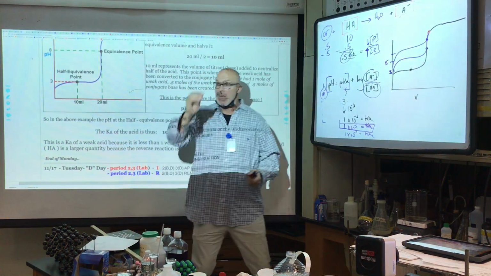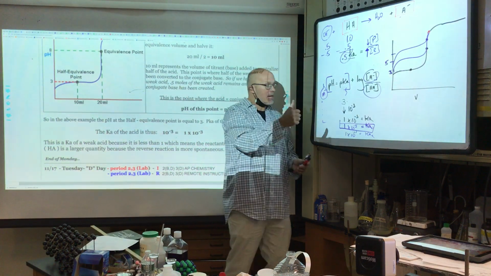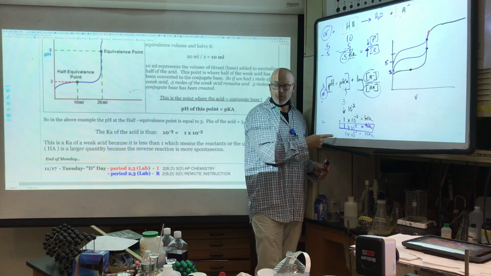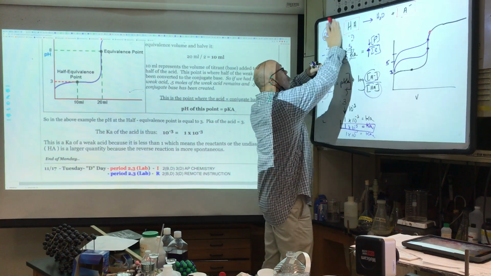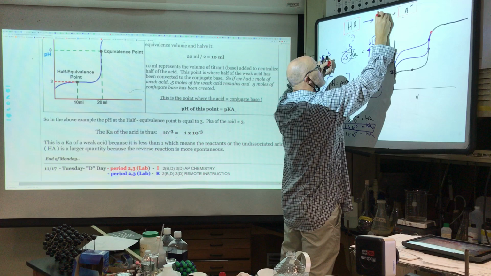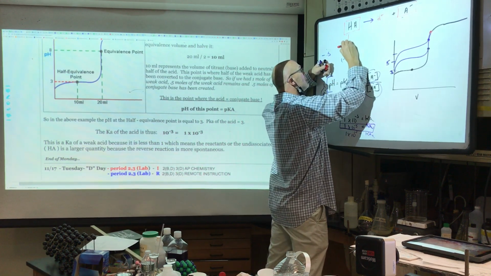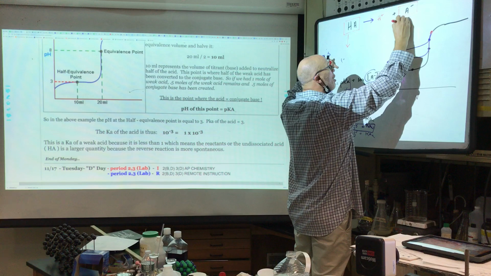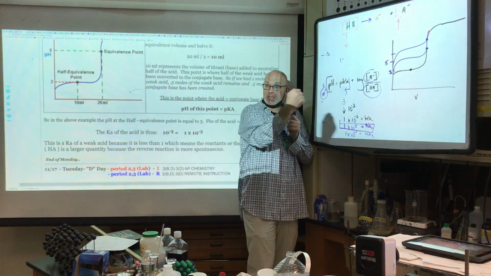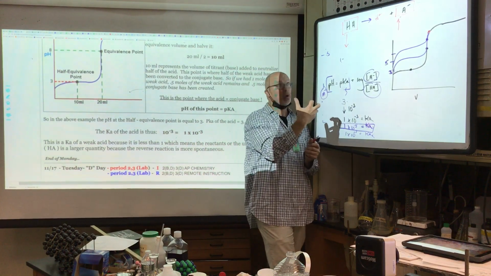Why? At the equivalence pH, why am I getting more basic as my acid gets weaker? Weaker acid, what conjugate base? As this gets to be a weaker acid, this becomes a stronger conjugate base. The reason why acids are not good at dissociating is because the conjugate base is really good at what?